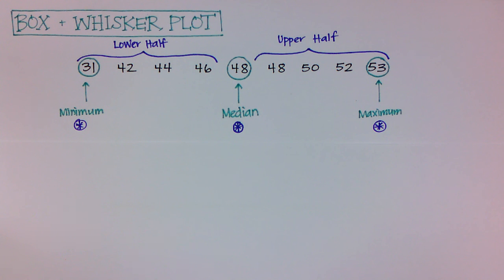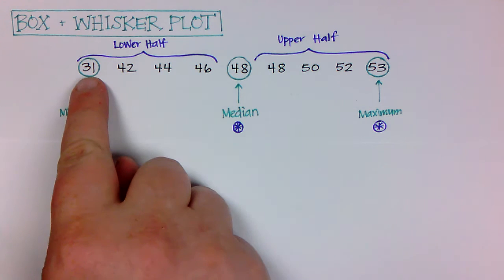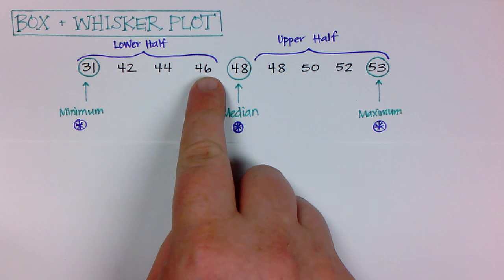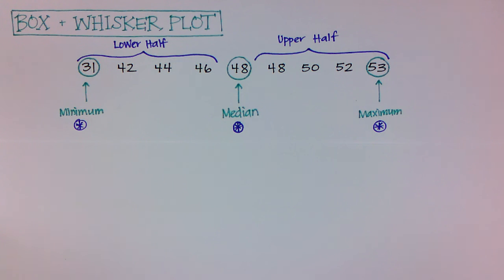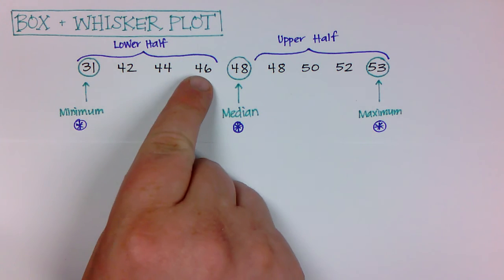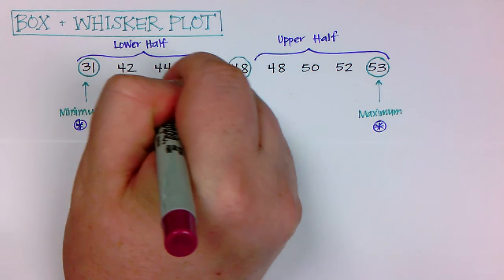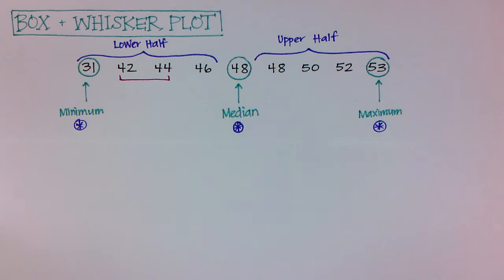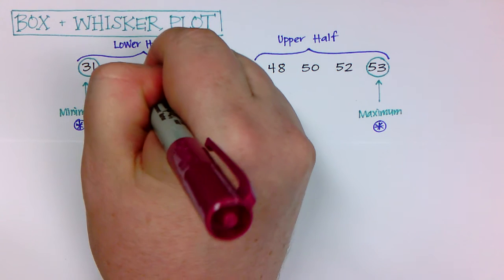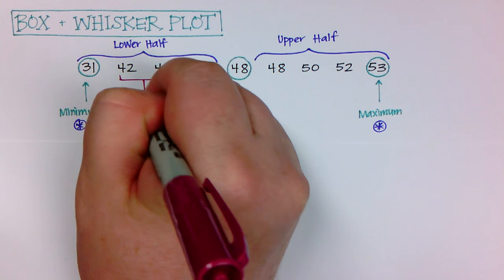Okay. In this lower half of these four values, I want to find what is in the middle, or what's the median of all of those. And so, since there's not an actual number that's right in the middle, what you want to do is, since these two are both in the middle, let's take the average of them, which the number right in between is 43.